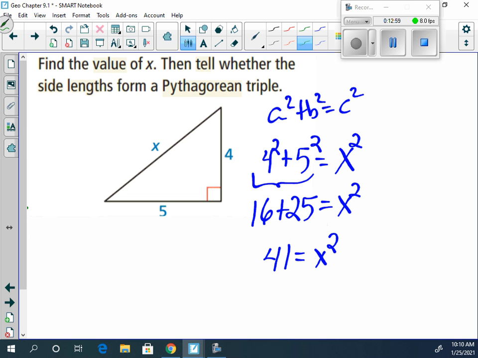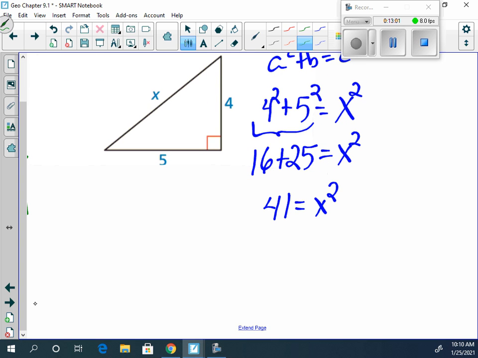And what do we have to do next? Now the square root of 41 is the square root of 41. There's no perfect squares as factors. 41 does not have a perfect square factor.